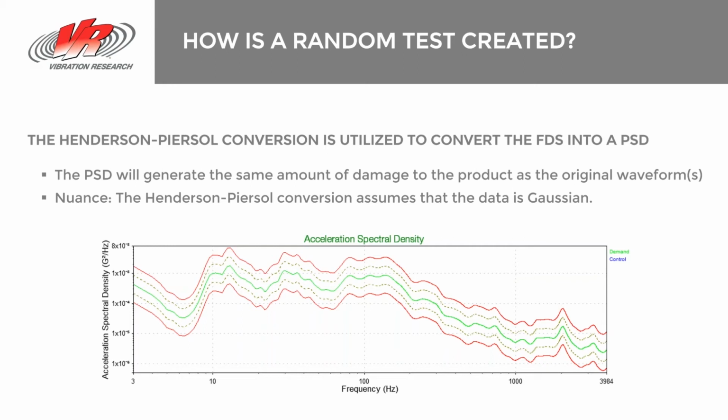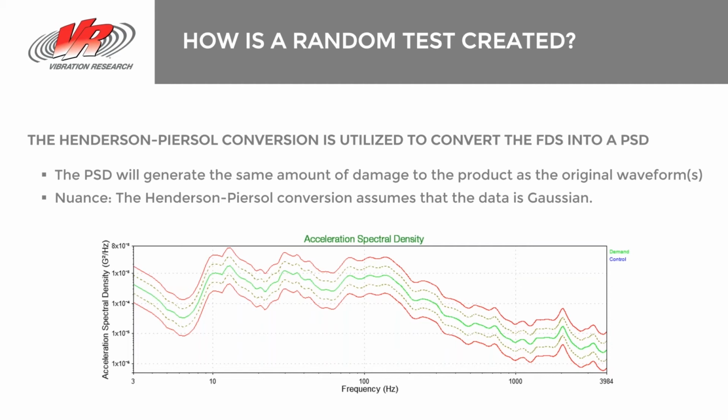Now, the flaw in that methodology is that the conversion assumes that the PSD is Gaussian in distribution, or that my peak distribution is within plus or minus 4 to 4.5 sigma. My real world data in many cases is not Gaussian. It does not follow that nice bell curve in peak distribution.